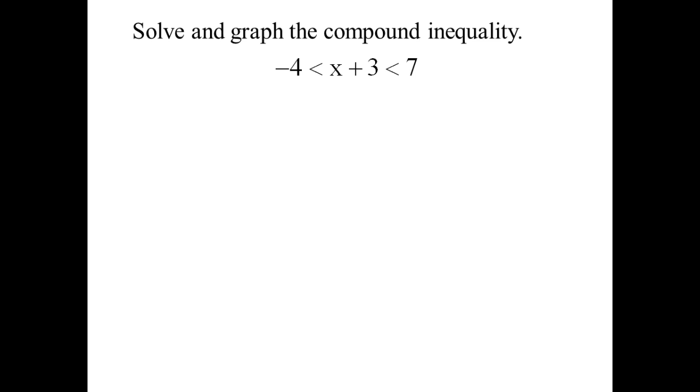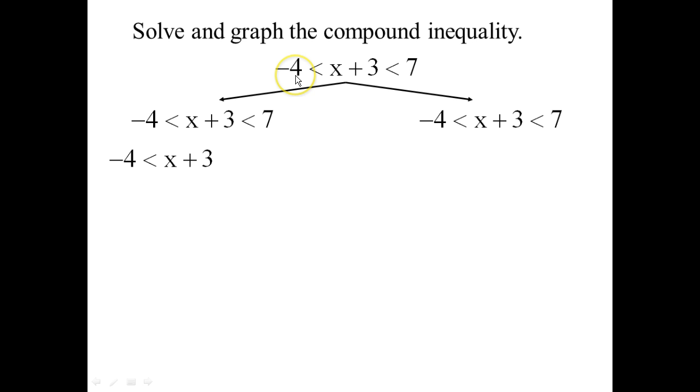So here's the next part. Just watch this first part. Really what this is saying is this. There's two inequalities. This can be broken up into two inequalities. Negative 4 is less than x plus 3.